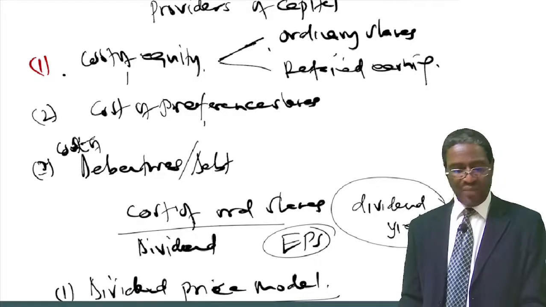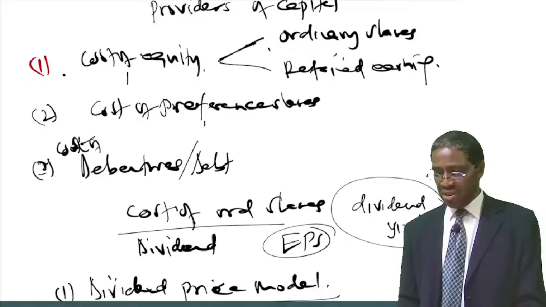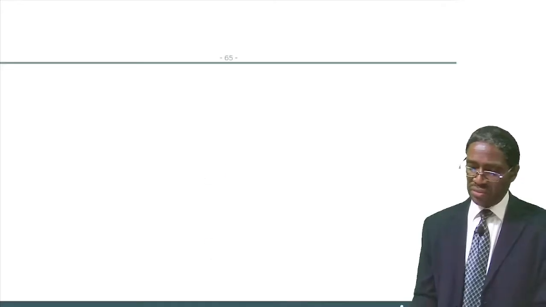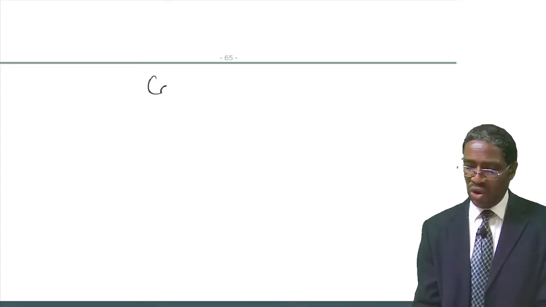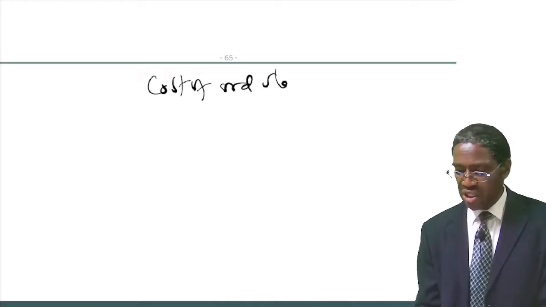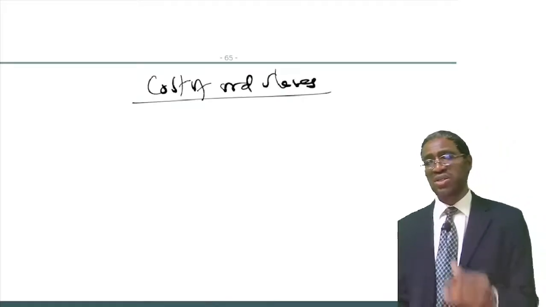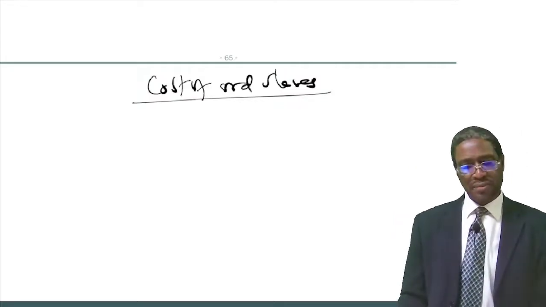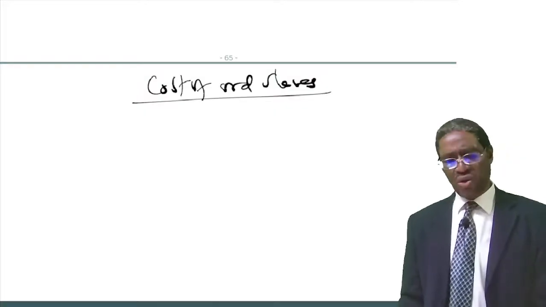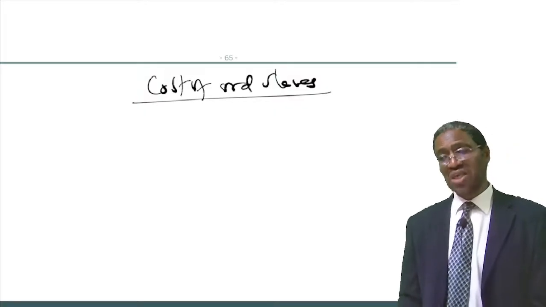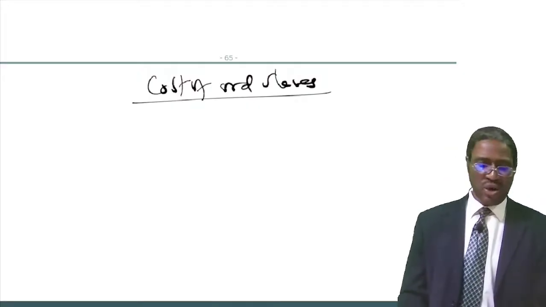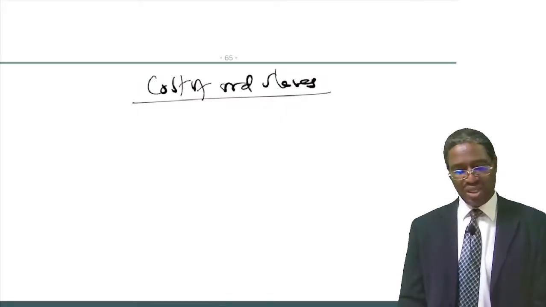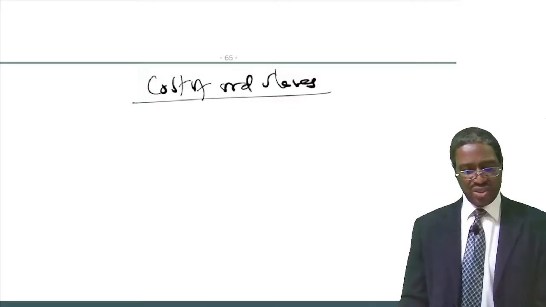Then you can have another subheading: cost of ordinary shares. Let's start with the ordinary shares.